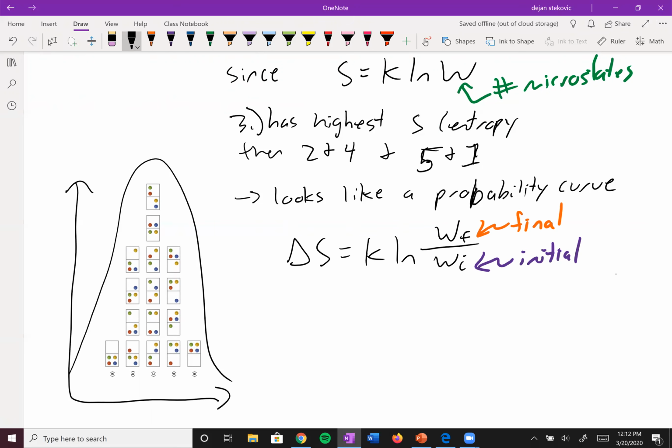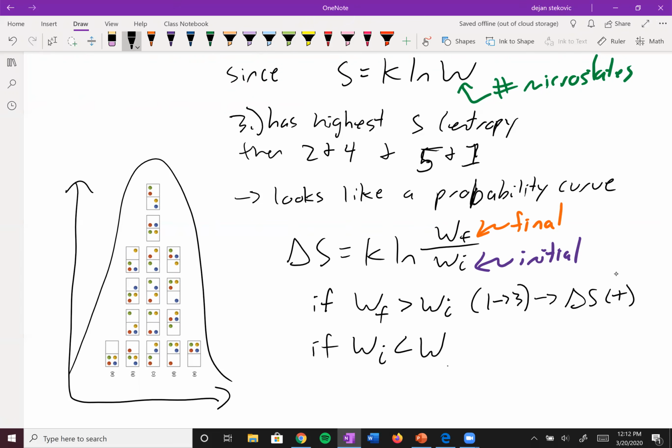So let's say your Wf is greater than your Wi, so maybe you're going from macro state 1 to macro state 3, you would then have a positive delta S. If Wf is less than Wi, other way around, maybe you're going from macro state 3 to 1, you have a delta S that's negative, right?